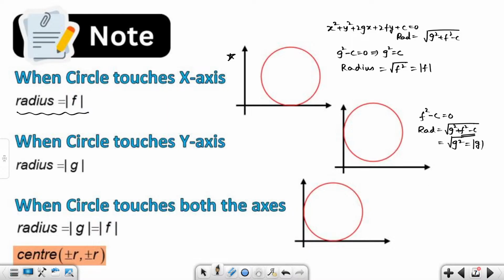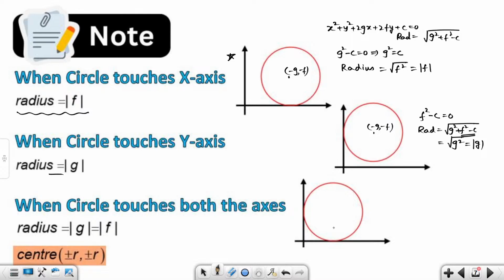Is it clear? So mod of g is the radius of the circle when it is touching the y-axis. In all these cases, the center is at minus g comma minus f.